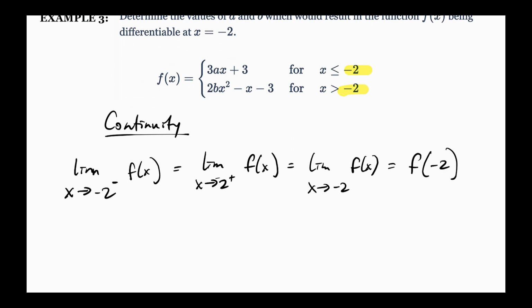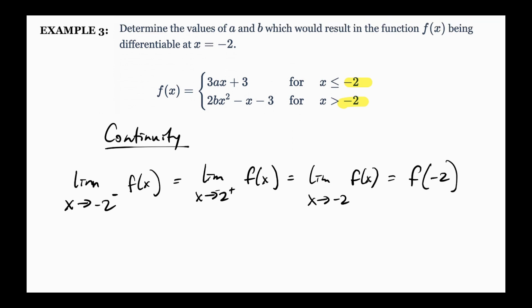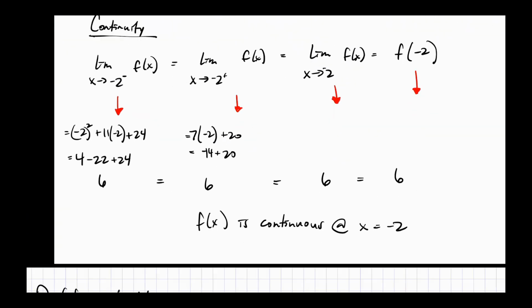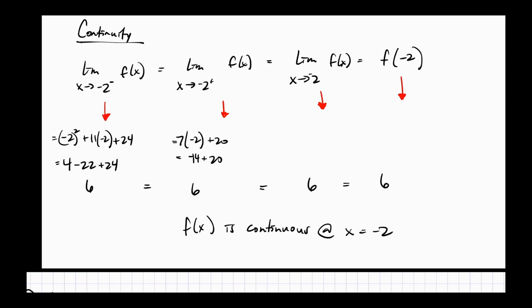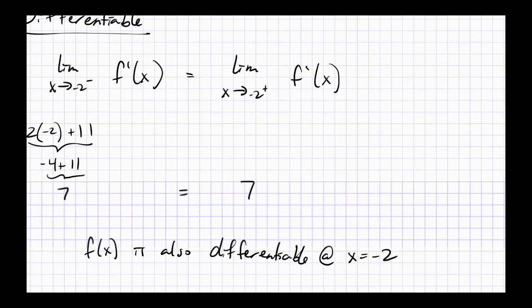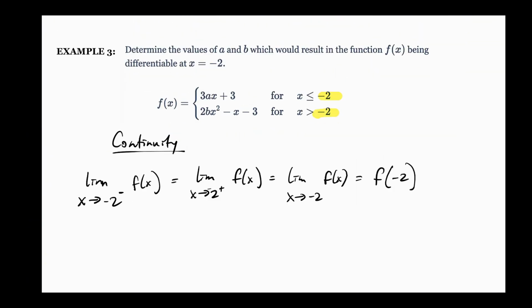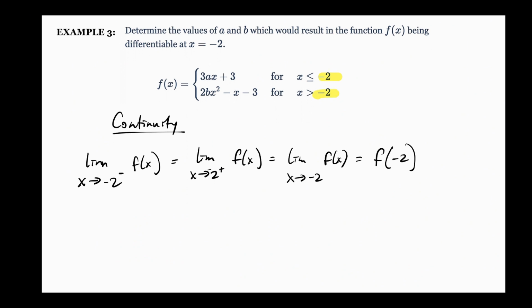It's going to be in terms of A and B, not numbers like last time. On Friday, when I checked continuity, I got a bunch of numbers, like 6, 6. This time I'm going to have some A's and B's in there. That's okay.